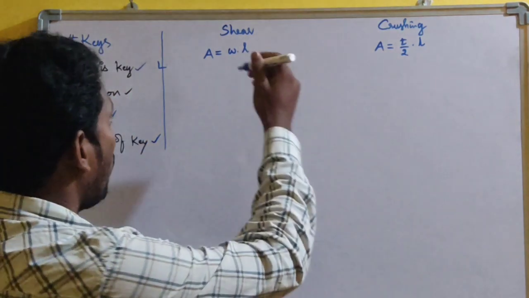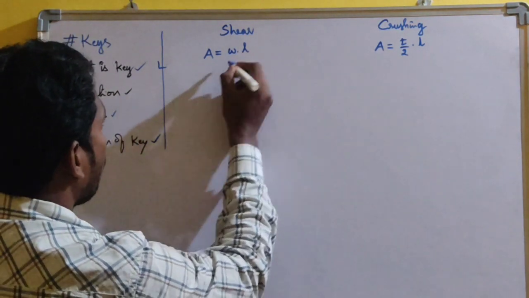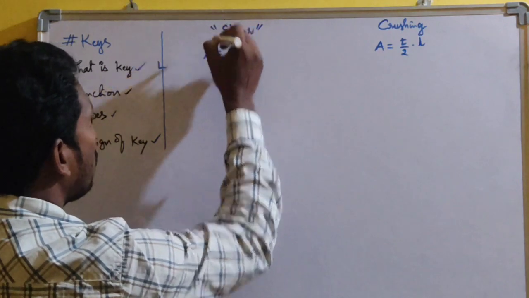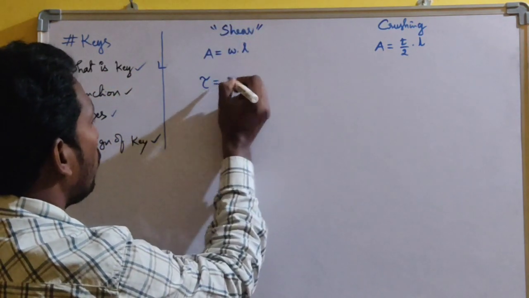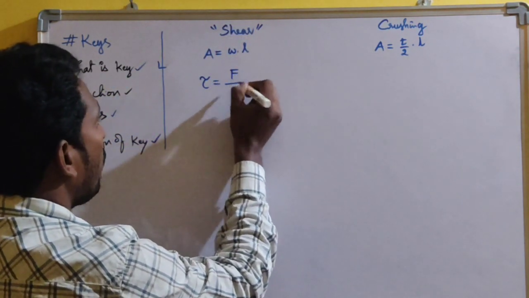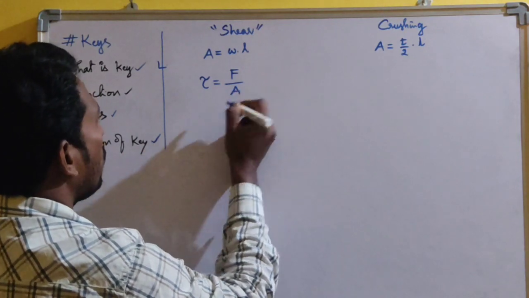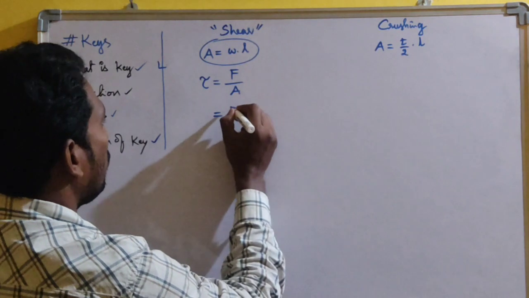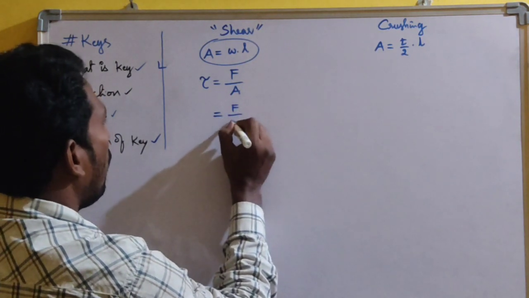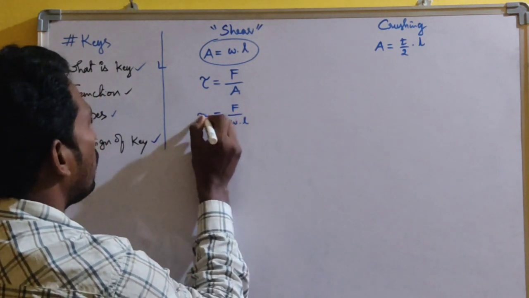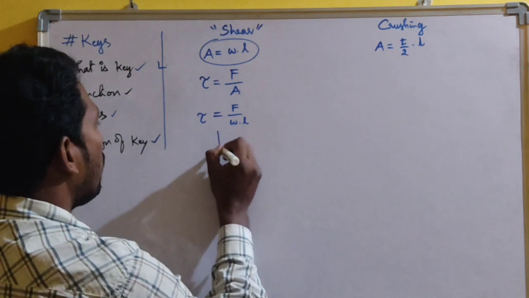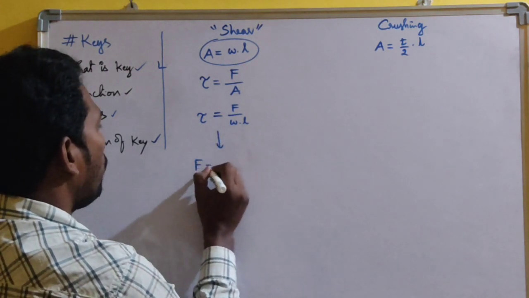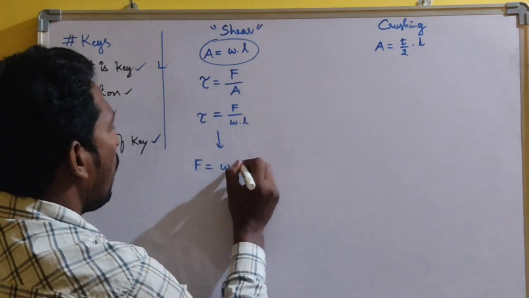Here I can take that relation. For shear failure I will write tau equal to the force divided by cross section area. In place of cross section area I will write this relation: F divided by W into L. From this relation I can write F equal to W into L into tau.